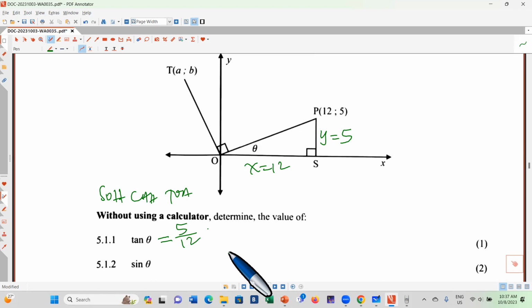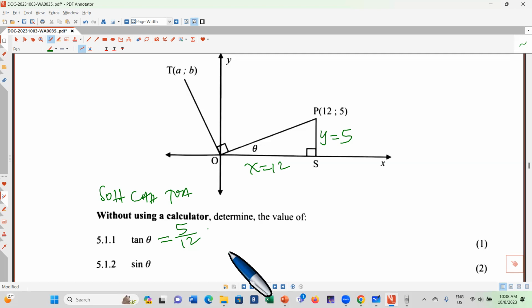Please let me know when you're done with it. 5 over 13. Let's check.